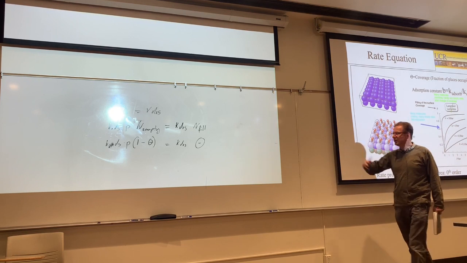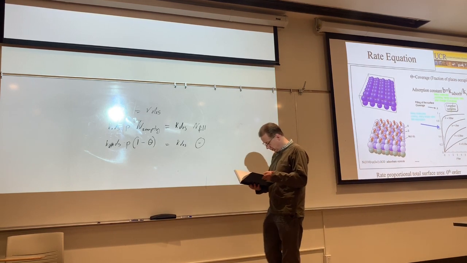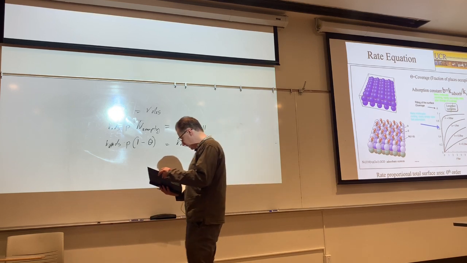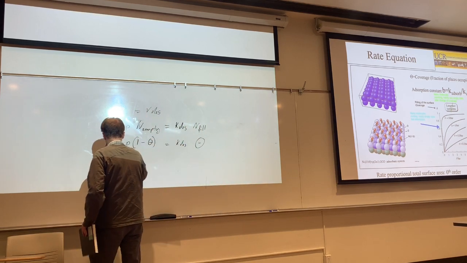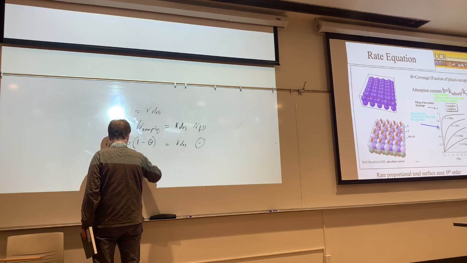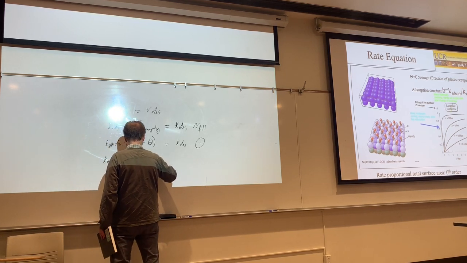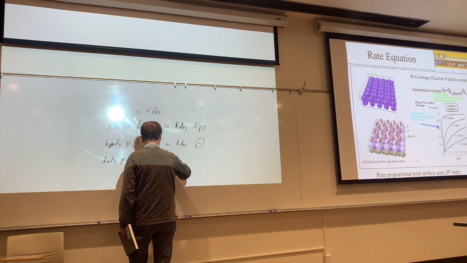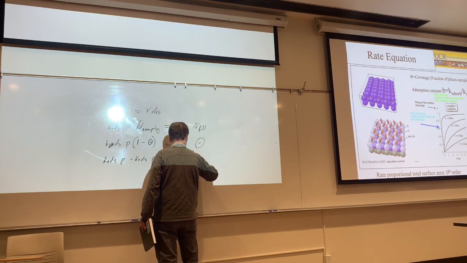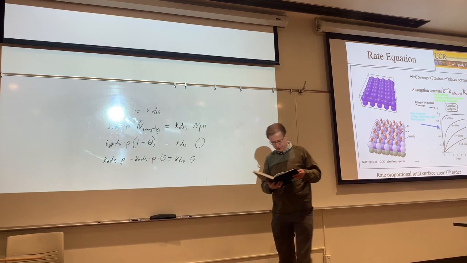So at this point, we need to solve this equation for the coverage if we want to figure out what that is. So we have here K adsorption times the pressure minus K adsorption times the pressure times the coverage equals K desorption times the coverage.